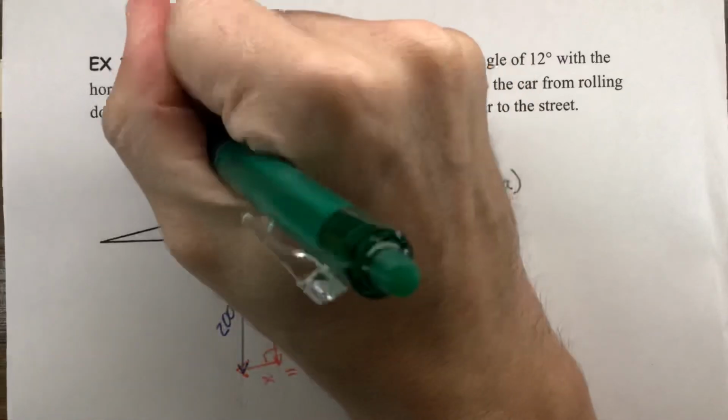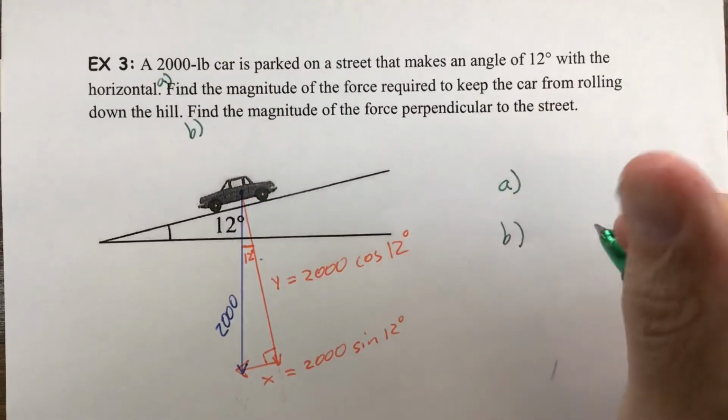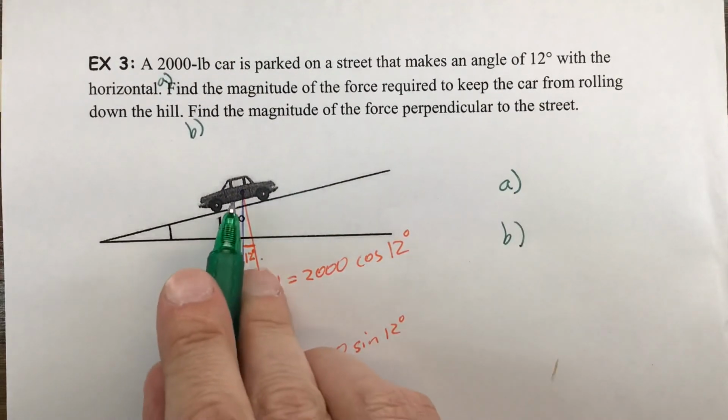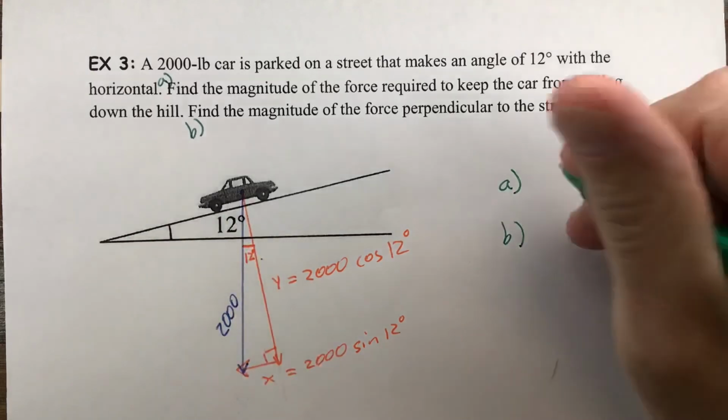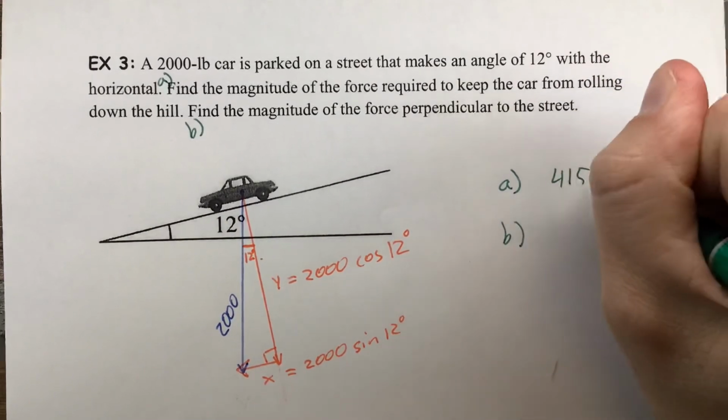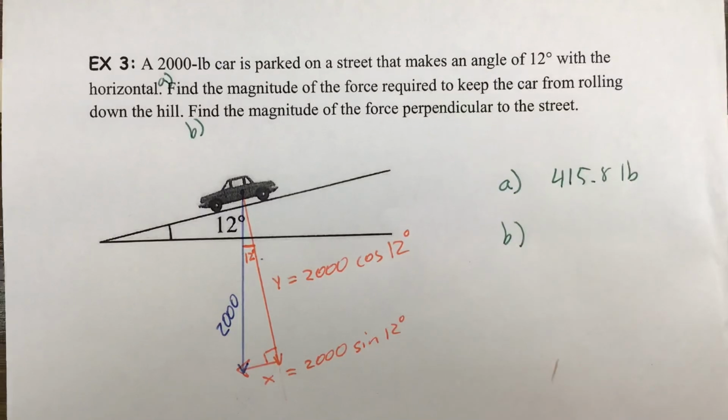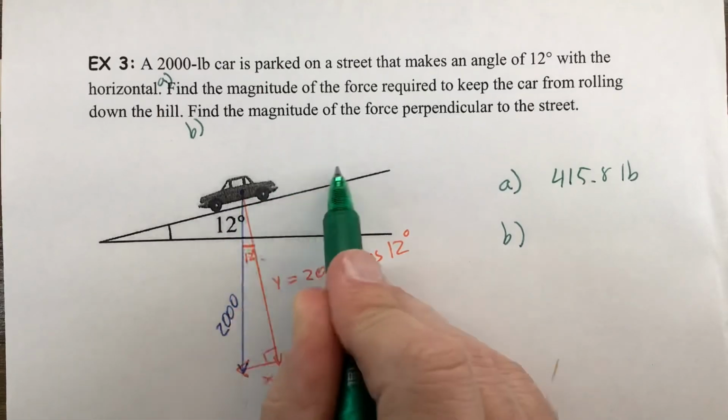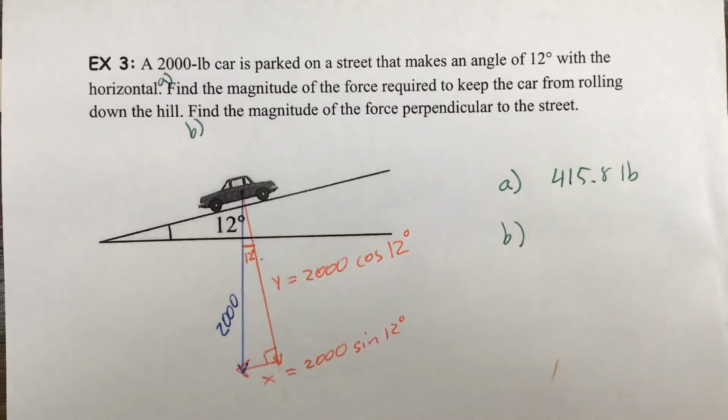So that's going to be A. This is going to be question B that we have here. So A, the force that the car would be rolling down is going to be 415.8 pounds. That would mean that if you wanted it to not roll down, the parking brake would need to apply 415.8 pounds in that direction to keep it from moving.